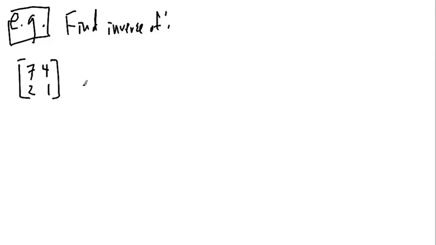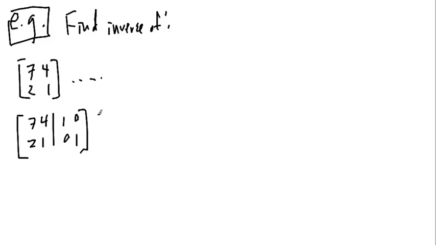Why not? Okay. So the first thing we do is we set up 7, 4, 2, 1, 1, 0, 0, 1. Now I sort of made things a little bit ugly over here because you have to divide by 7 if you want to get a 1 up here.